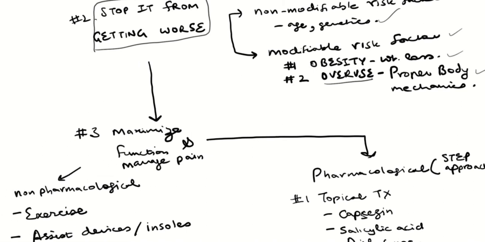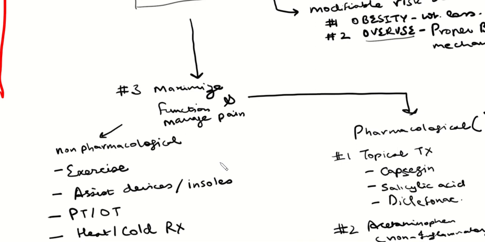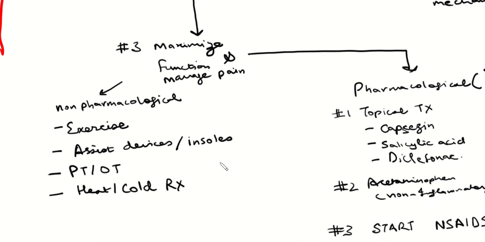Last but not the least, how can I maximize function and minimize pain? So the non-pharmacological approach to this is exercise. It helps us lose weight, and also because I move around, my body produces natural endorphins, which keep me moving.